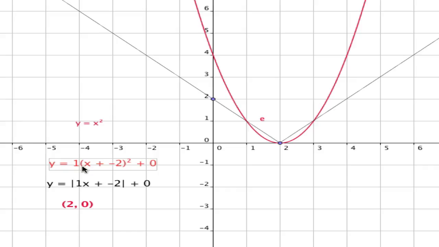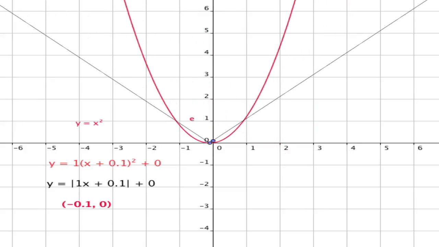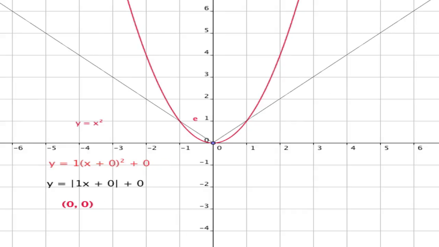And if x is 2, then 2 plus negative 2 is 0, so we know the vertex is going to be at 2 comma 0. Now let's put it back in the center.